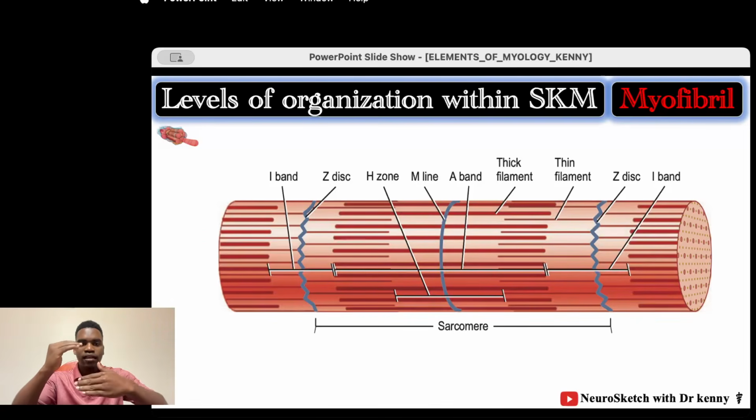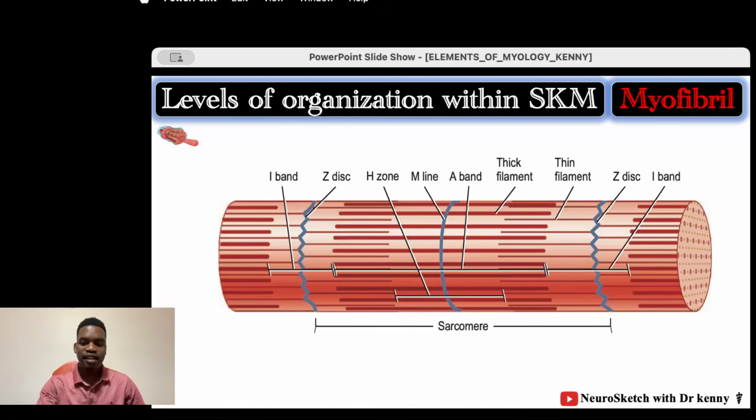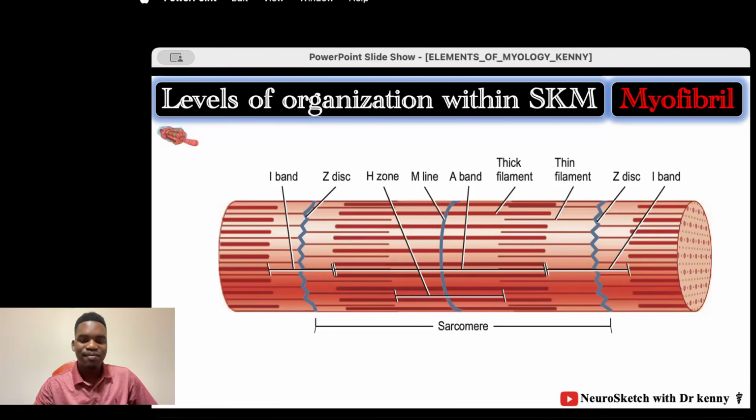They are arranged against one another: thick filament, thin filament, thick, thin. These are the actual contractile elements of the muscle cell. So the muscle can contract because of thick and thin filaments that are arranged in an interdigitating manner. When the muscle contracts, these thick and thin filaments come together, and when the muscle relaxes, they move away from one another.